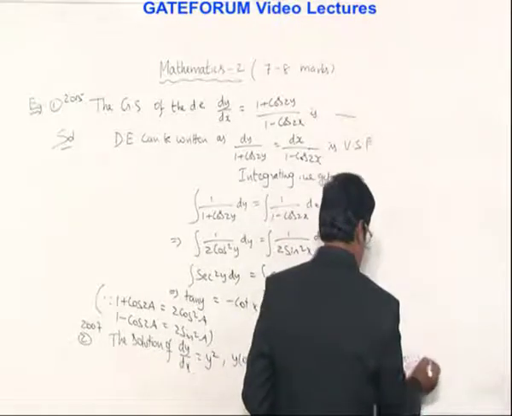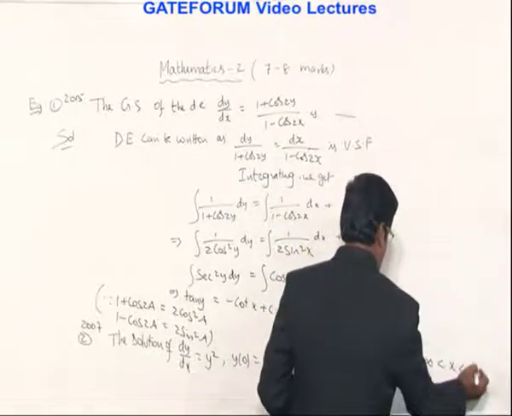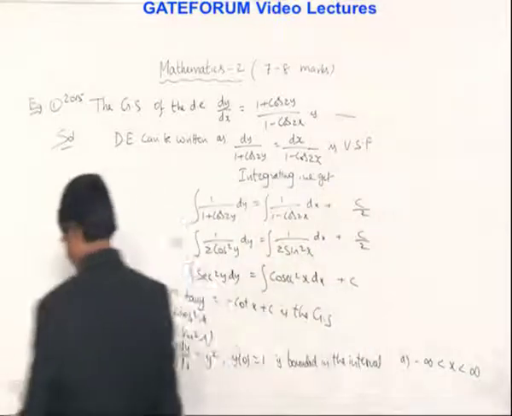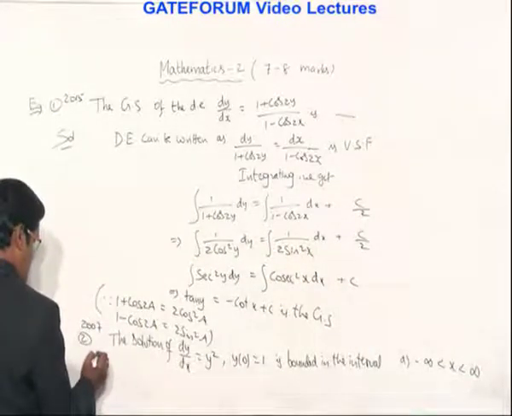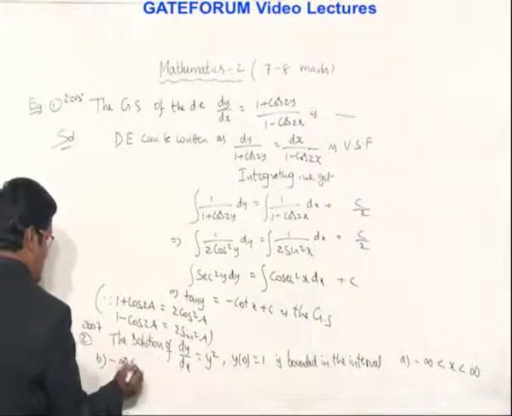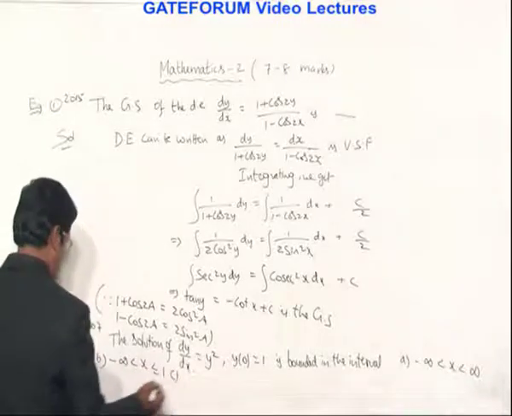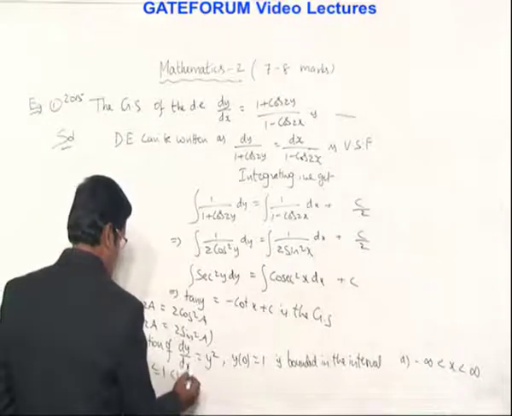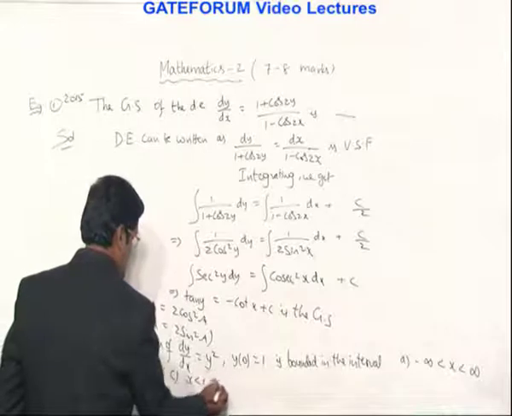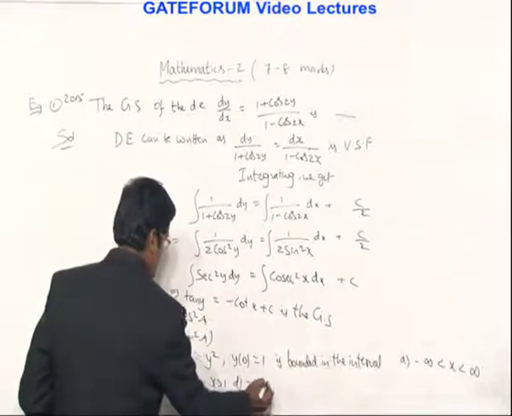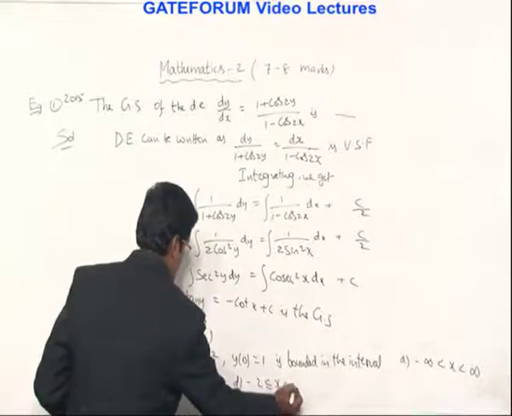Option A: minus infinity less than x less than infinity. B: minus infinity less than x less than or equal to 1. C: x less than 1, x greater than 1. D: minus 2 less than or equal to x less than or equal to 2.